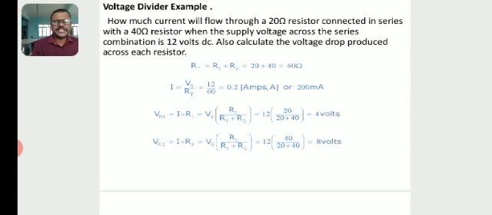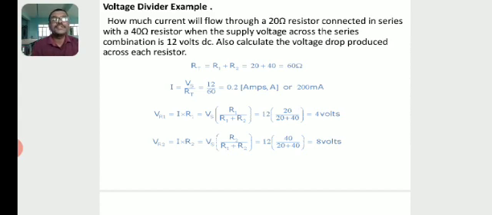Because the two resistors are connected in series, the total resistance RT is equal to R1 plus R2, which is 20 plus 40, equal to 60 ohm. Then according to Ohm's law, I is equal to Vs by RT, which is 12 by 60, equal to 0.2 amps or 200 milliamps.